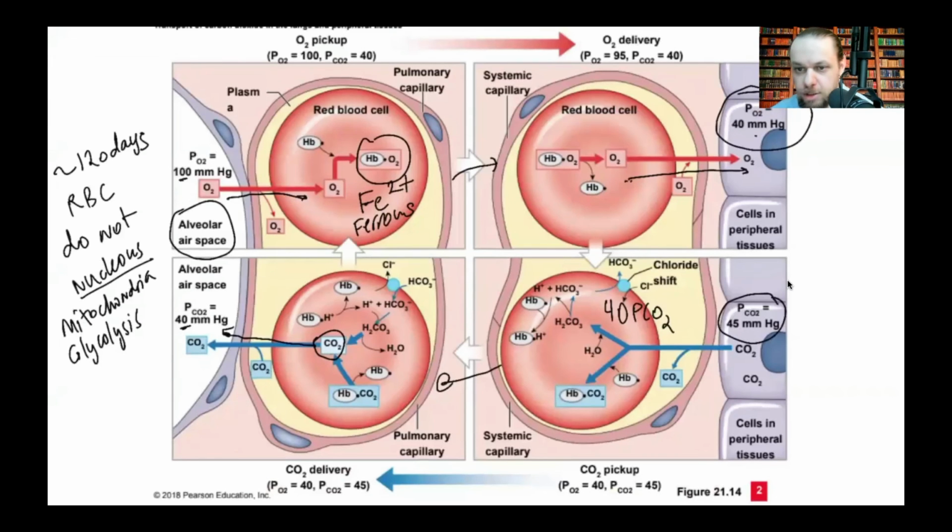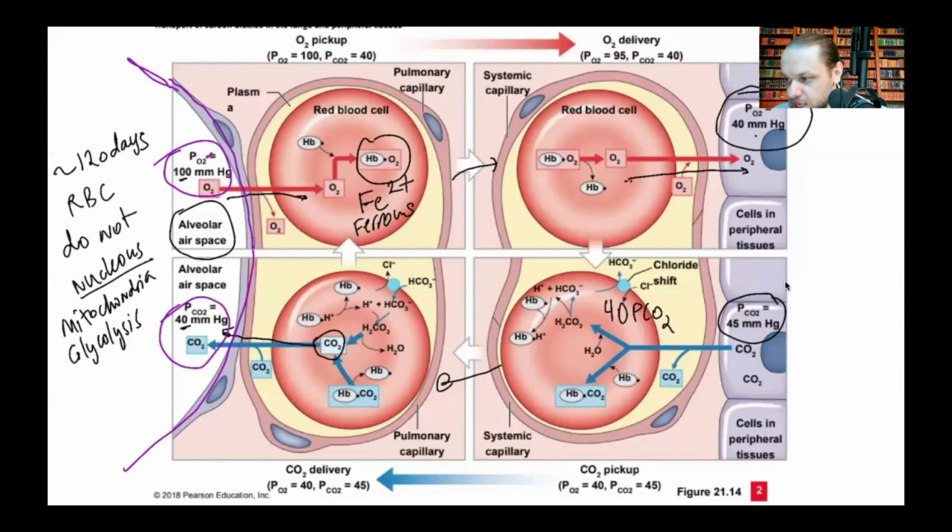So look, this is your alveolar tissue. In your alveoli, you're connected directly to the atmosphere as you're breathing. The oxygen that's coming in is 100, or you may even say 95, but keep it 100. That's okay. The partial pressure of oxygen is 100, and the CO2 is 40 at the alveolar level.